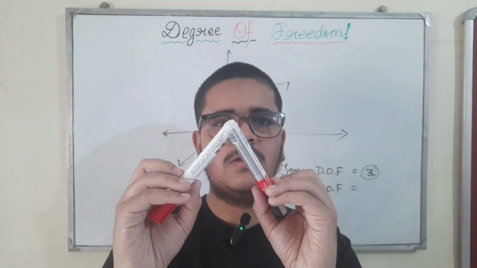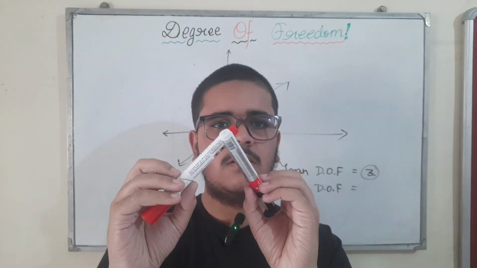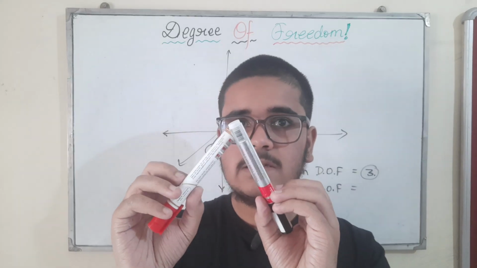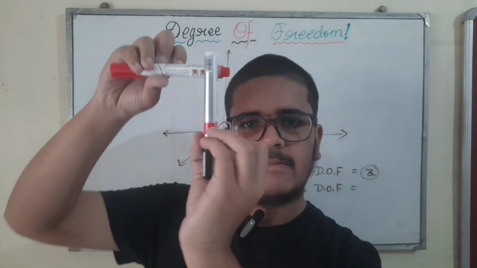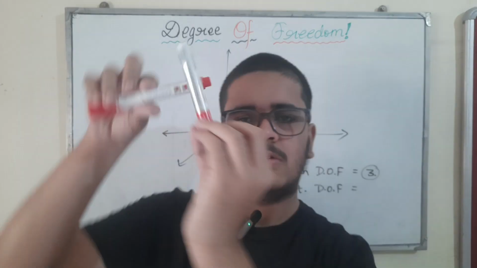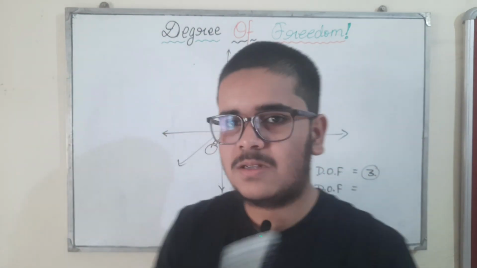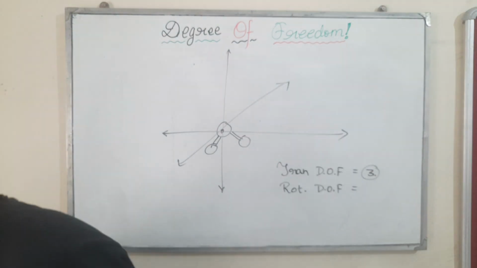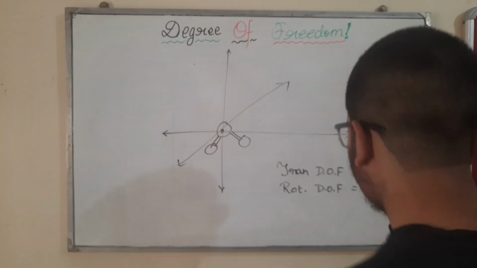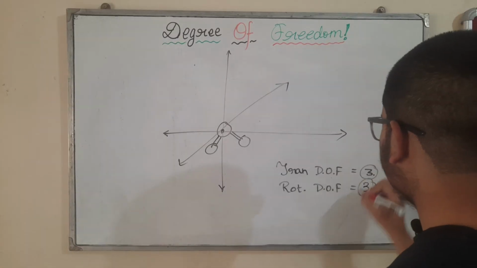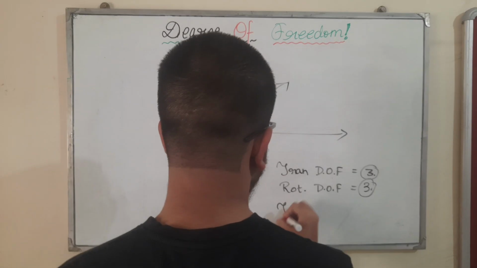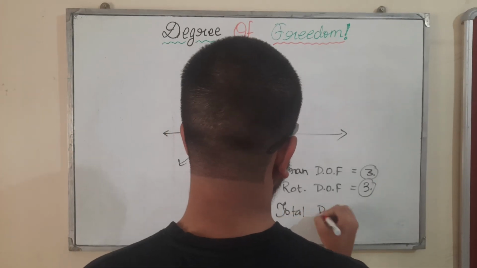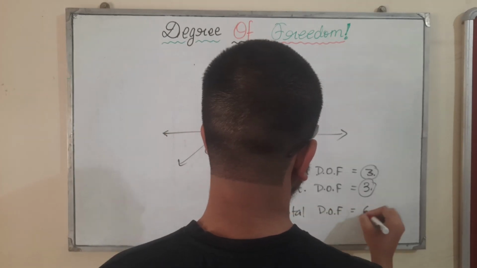I can rotate it about the z-axis, like this. So all these rotations are possible. It's showing rotation in all these 3 cases, and therefore rotational DOF is also 3. So total DOF is 3 plus 3, which is 6.